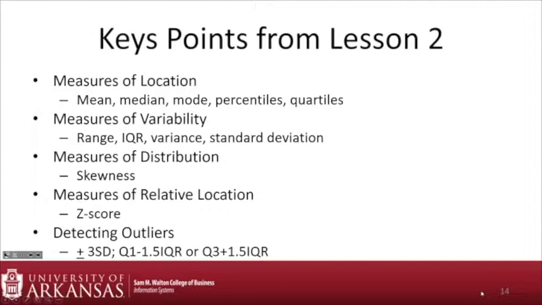Questions can range anything from how do percentiles and quartiles relate to each other? What's the difference between the variance and the standard deviation? Given a distribution, tell me the skewness. Is it skewed to the right, skewed to the left, not skewed at all?